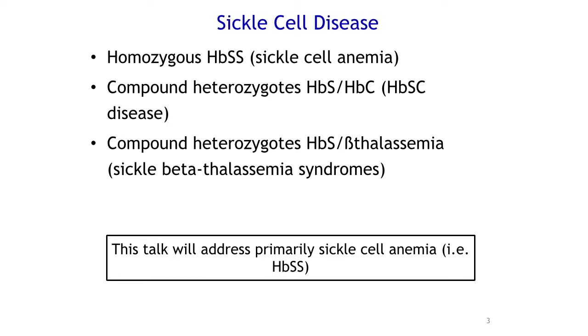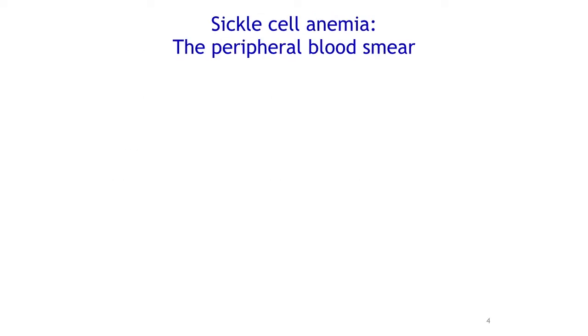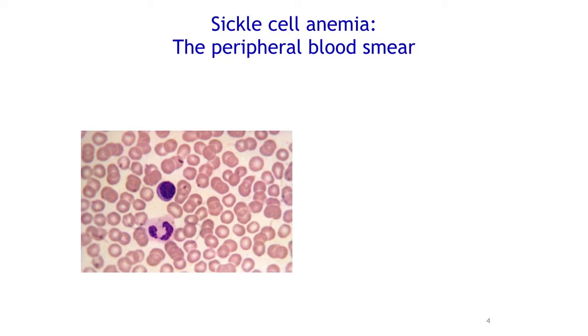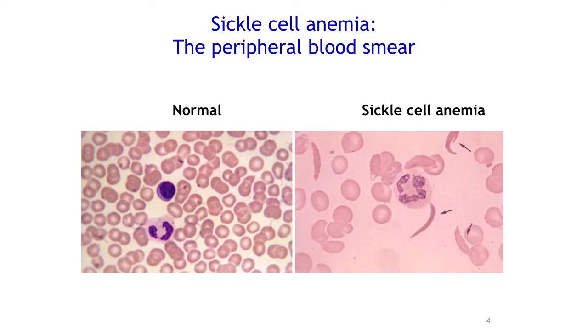If you looked at a blood smear, you'd see the normal discoid red blood cells with what appears like a hollow center, and on the far left, in a patient with sickle cell anemia, you would see cells that are crescent shaped.